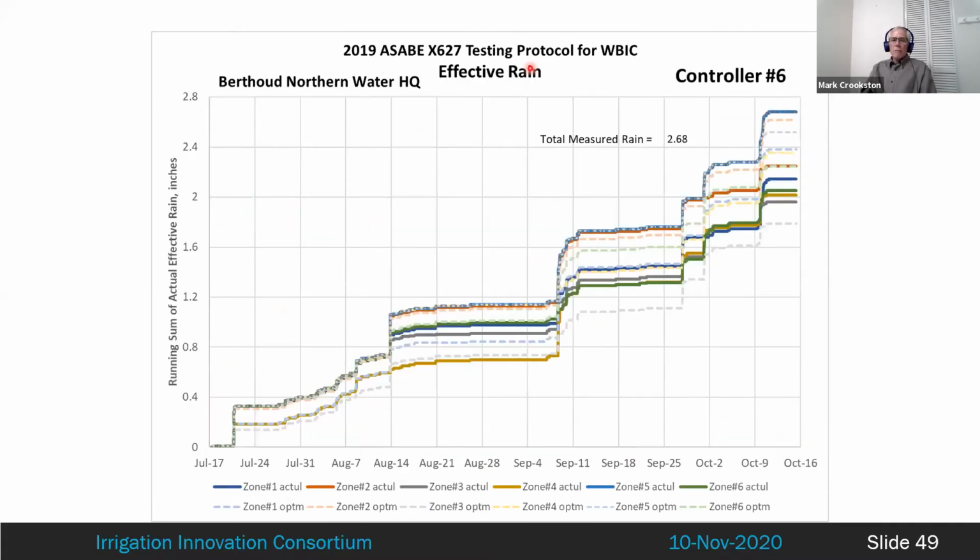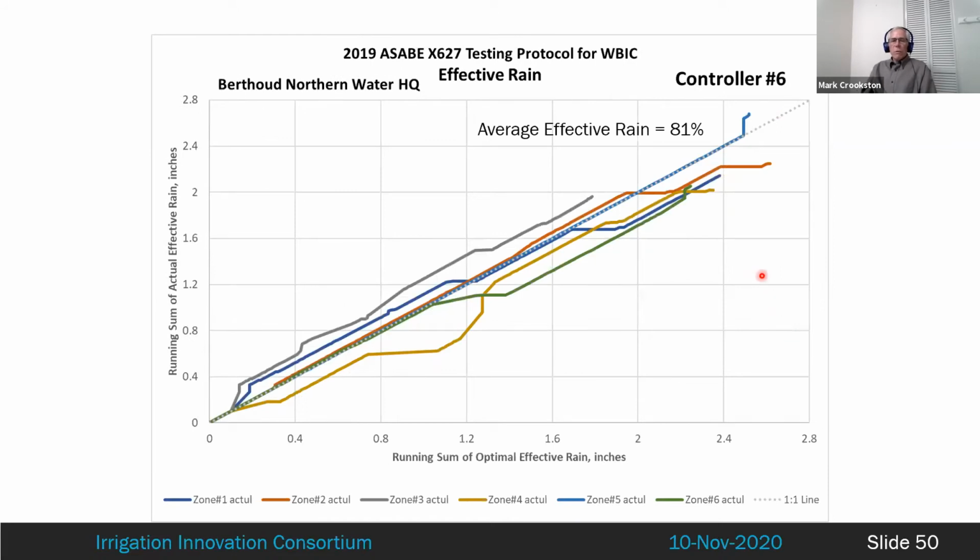So this is effective rain for controller number 6. It's a running sum of effective rainfall zone by zone over time. The dark lines are actual effective rain, and the dashed lighter lines are for optimal scheduling. So you can see that they track each other pretty well. But this graph is more meaningful to me because now we're comparing the effective rain zone by zone against what the optimal would be.